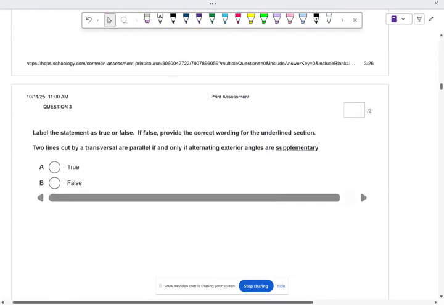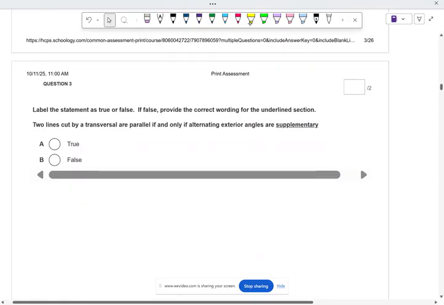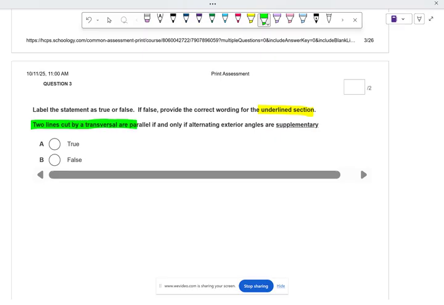Question number 3. Label the statement as true or false. If false, provide the correct wording for the underlined section. Two lines cut by a transversal are parallel if and only if alternating exterior angles are supplementary. That statement is false.